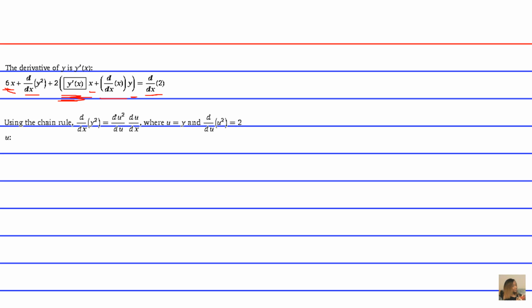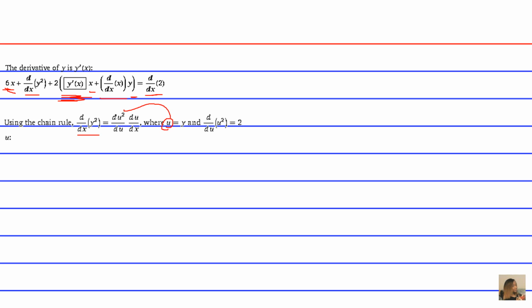Now, more complication, using the chain rule, which states that d/dx of y squared is equivalent to d/du of u squared times du/dx, where u is equivalent to y. That's what we substituted right here.